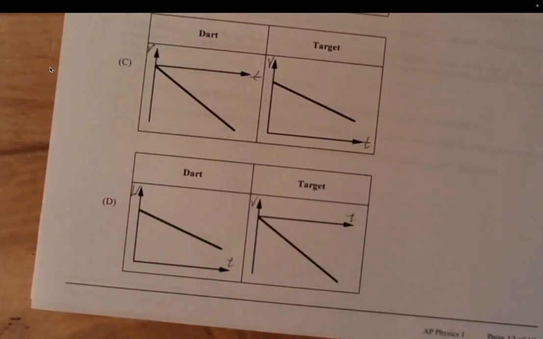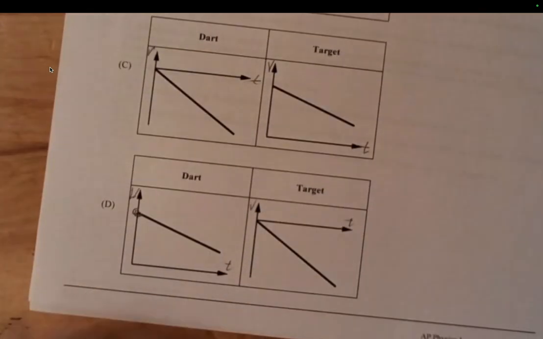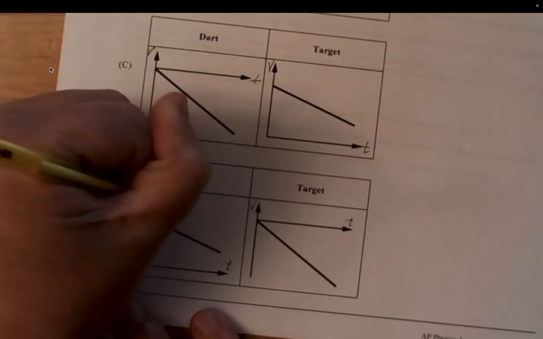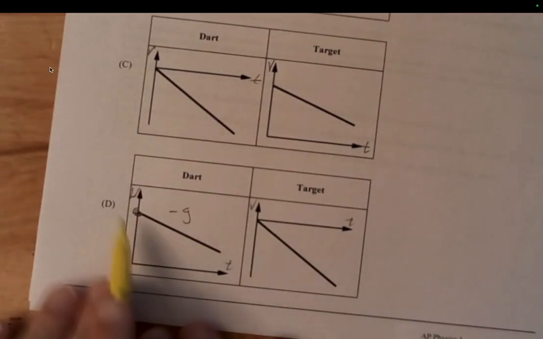And we know that the dart had to start with a positive velocity. So if we have this starting at a positive velocity, then it's going to have a negative slope because it has this negative acceleration due to gravity. So we know that it should have a negative g for a slope, and it starts at a positive value.